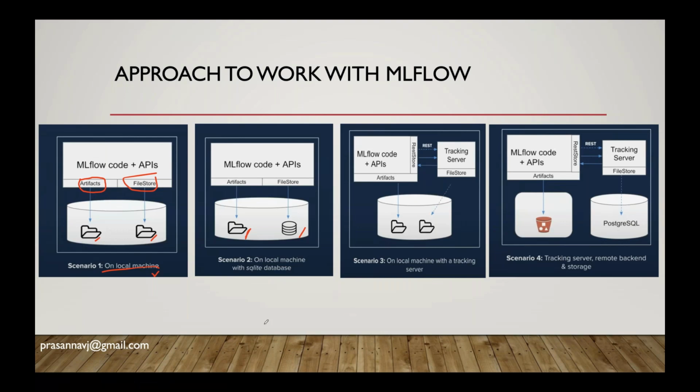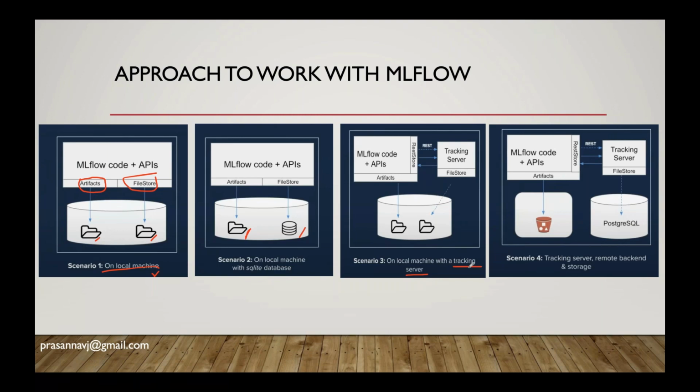The third scenario is you can use a tracking server. What is this tracking as such? In the typical development of your machine learning algorithm or your machine learning data processing, the majority of us will be using Jupyter Notebook for our development.